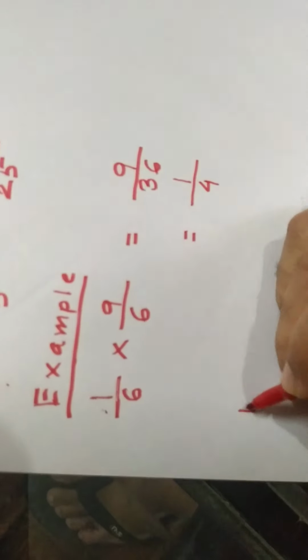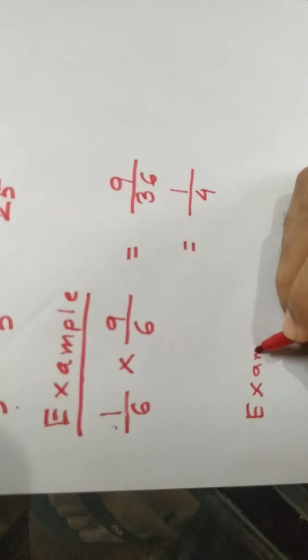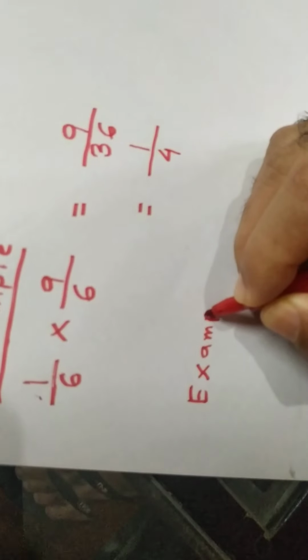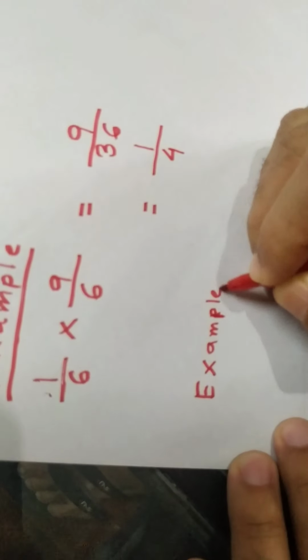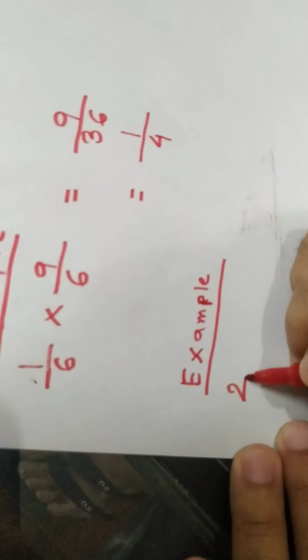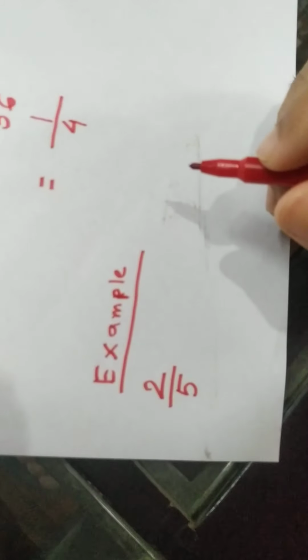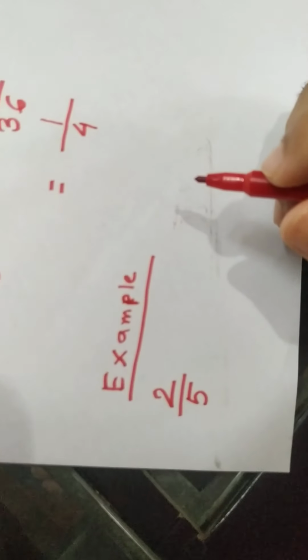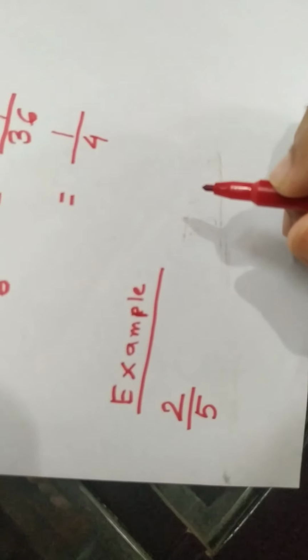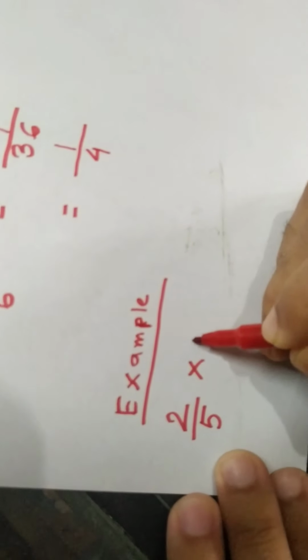Well, let's take a third example. Let us keep a fraction as the first thing to be multiplied. Now, as a second fraction, let us not actually take a fraction, let us take a whole number. Suppose 2.